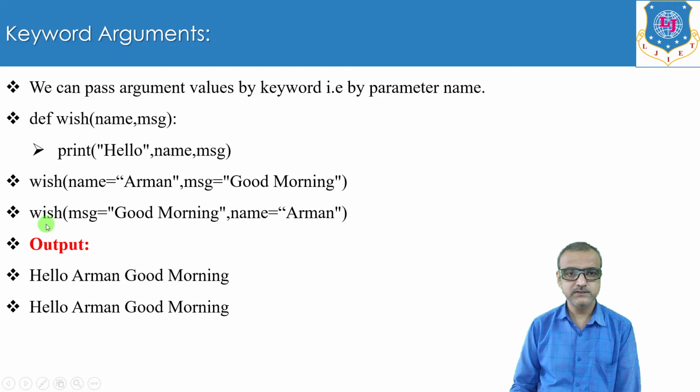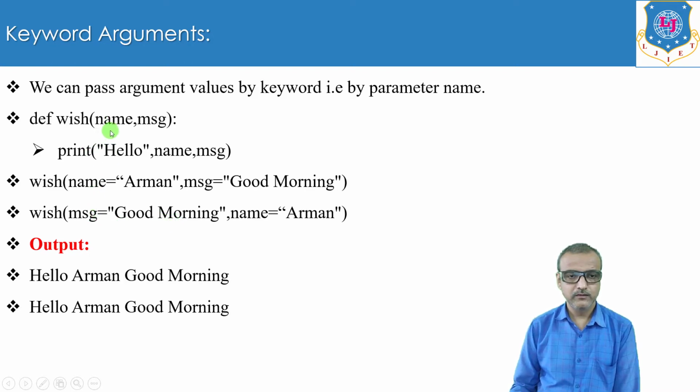Similarly, I will call this function as wish(msg='good morning', name='Arman'). So what will it do? Again it will give me the same output. What does it mean?